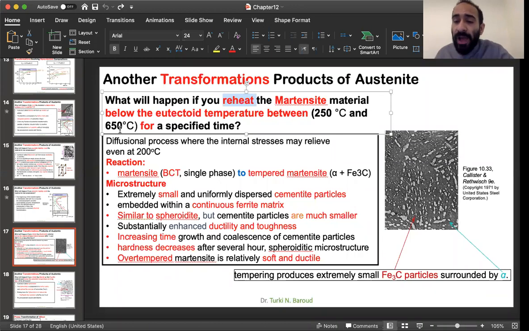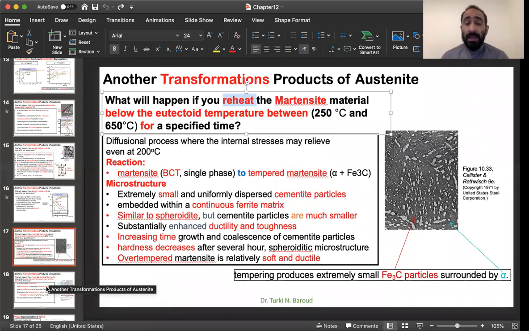Similarly here, if you have higher interfacial area between the iron carbide and the surrounding matrix, you have higher energy. So if you provide some heat, the iron carbide becomes larger, because it wants to reduce the interfacial area between the iron carbide and the alpha ferrite.